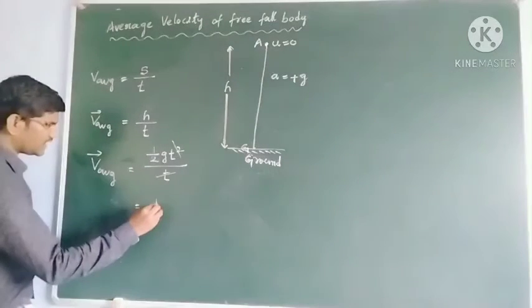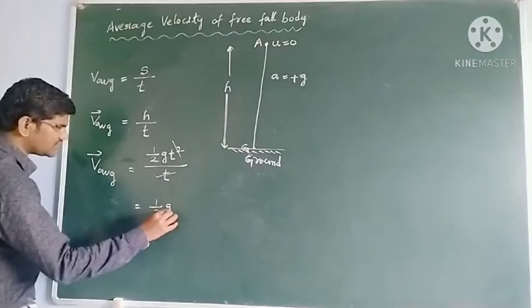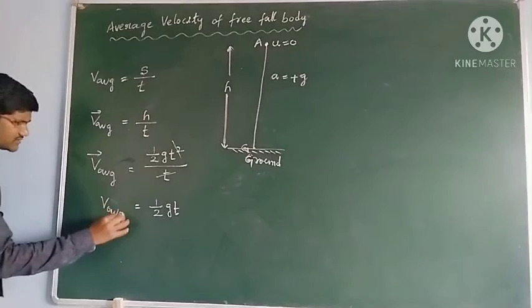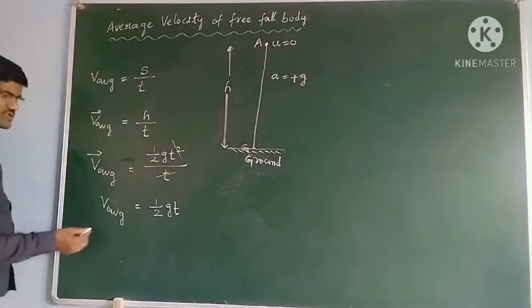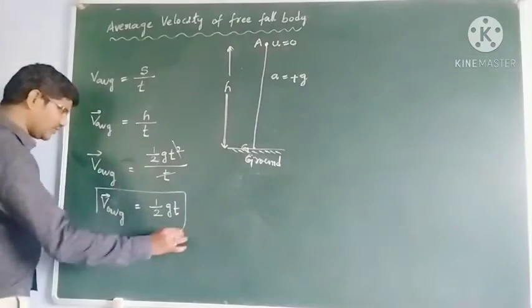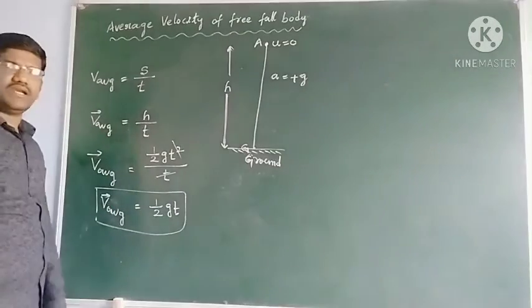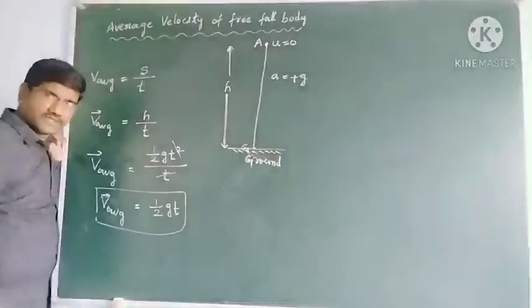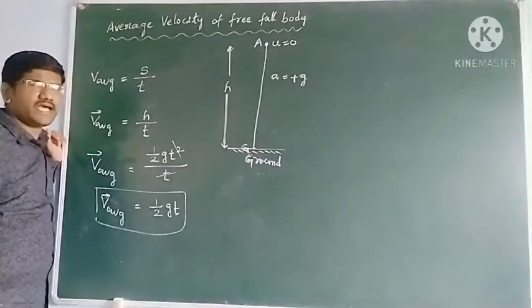Then what will you get? Half gt is equal to v average. Okay students, so the average velocity value you are getting is half gt, which means if they give the value of t, you can find the average velocity.